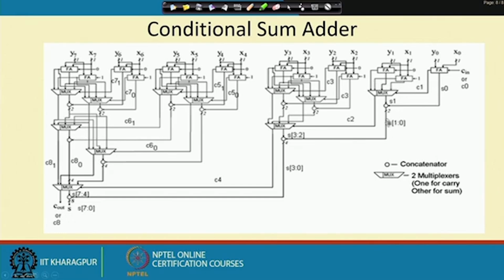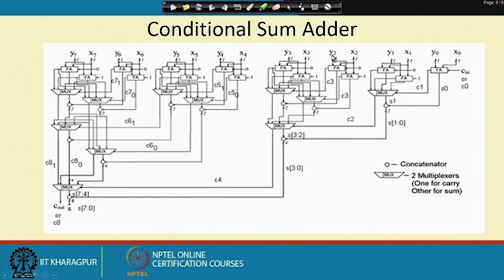Now this indicates the concatenation. From here I get S 0, and from this multiplexer I get sum 1, and I also get the carry generated by this stage, which is C 2. Next, go to the third bit, y 2 and x 2.